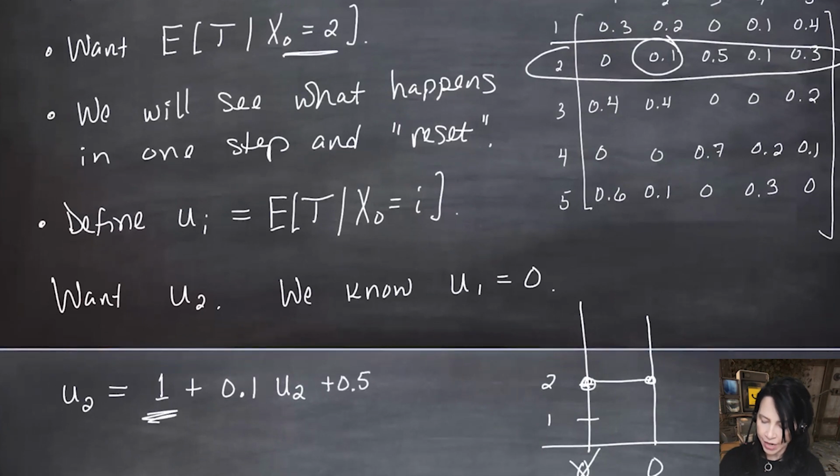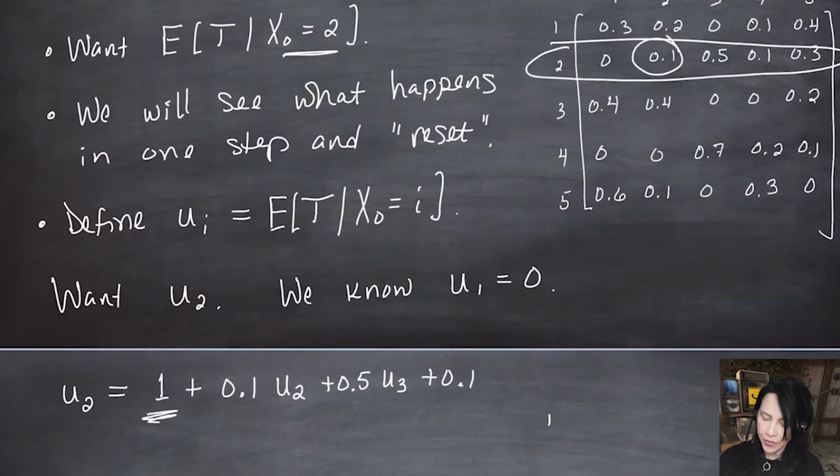And then, starting from 3, I'm going to have to count the expected number of steps to hit state 1, and we call that u3. And I can go from 2 to 4 with probability 0.1. And now I'm at 4, so I want to start there and count the number of steps starting from 4 to hit state 1, and that's u4. And finally, from 2, I can go to state 5 with probability 0.3.